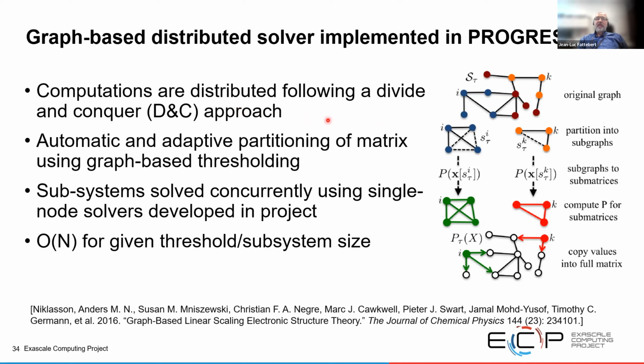What we've implemented is an algorithm that was proposed by Anders Niklasson and collaborators at Los Alamos a few years ago. The main difference compared to the typical approach is that the way the fragments are put together is by using the matrix elements.